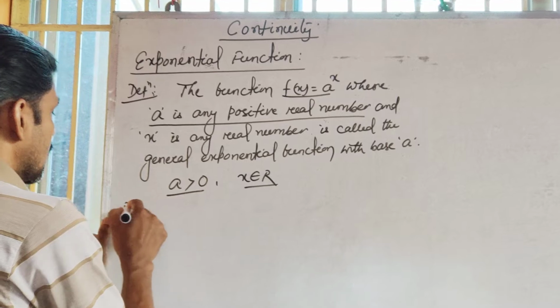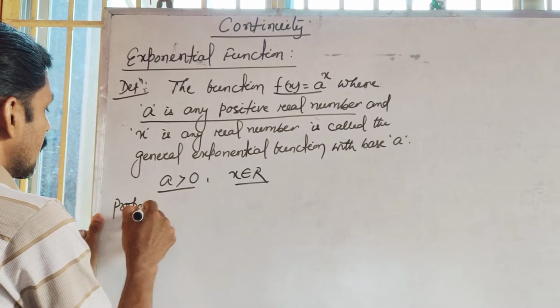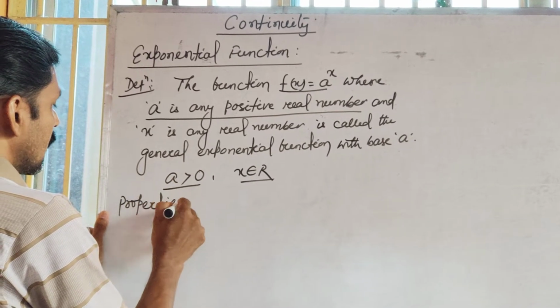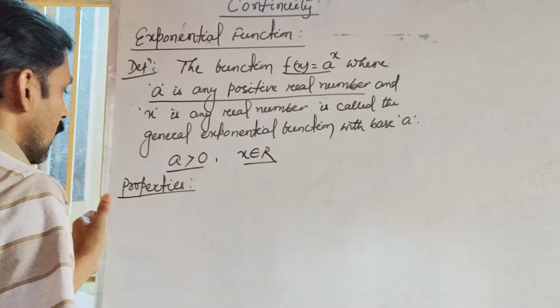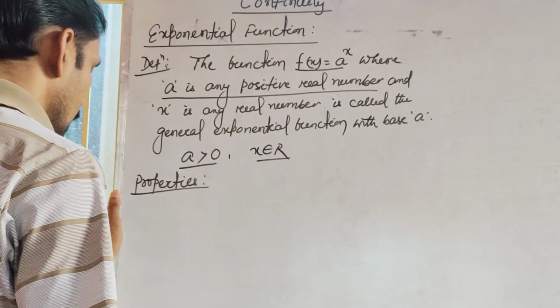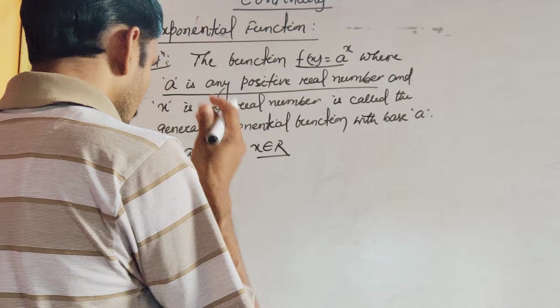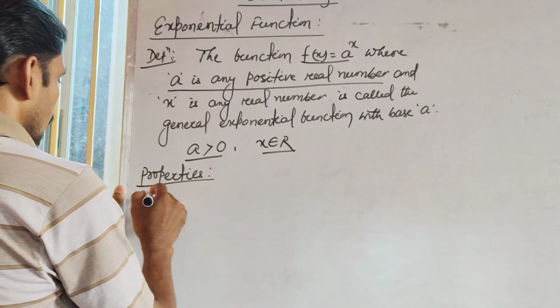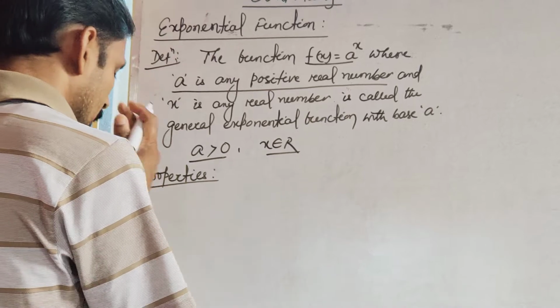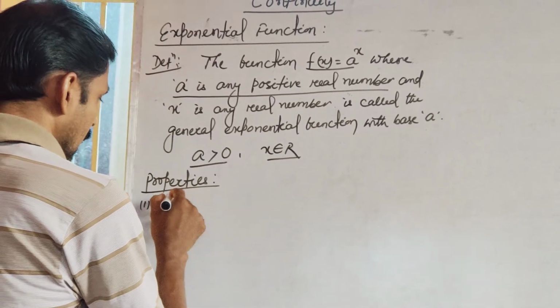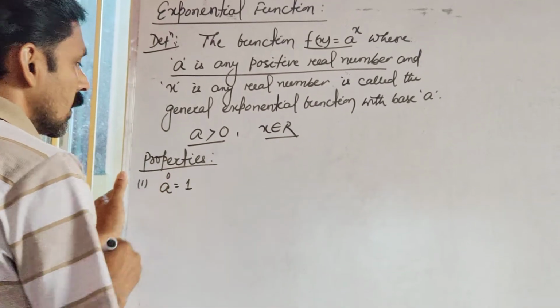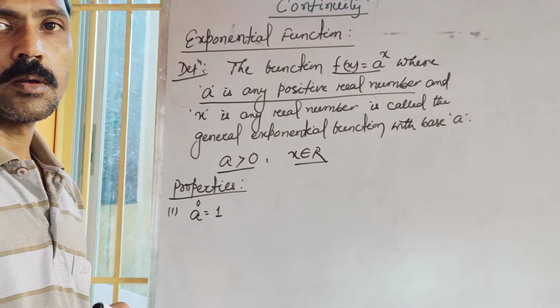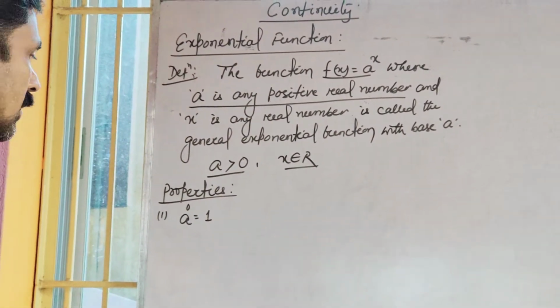Now some properties that I am writing. For the first property, a to the power 0. You know, any non-zero number raised to power 0 is 1.